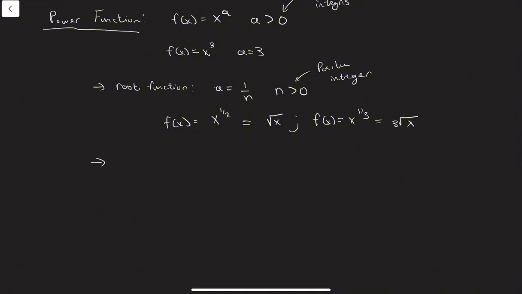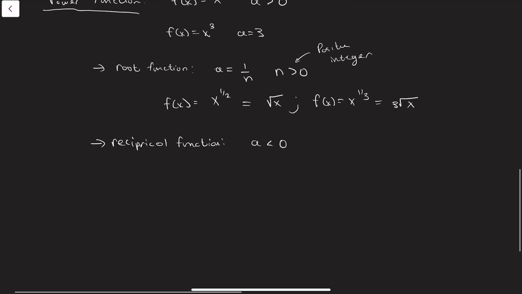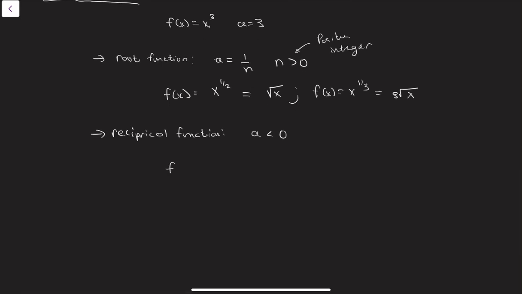Another example of a power function is a reciprocal function. So the reciprocal function in this case is defined when a is less than 0. So pretty straightforward. Again, I'll give you an example. f of x is equal to x to the negative 1.